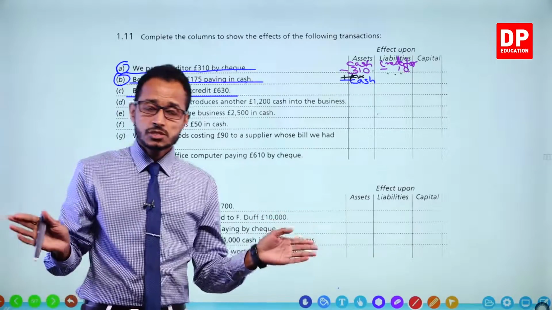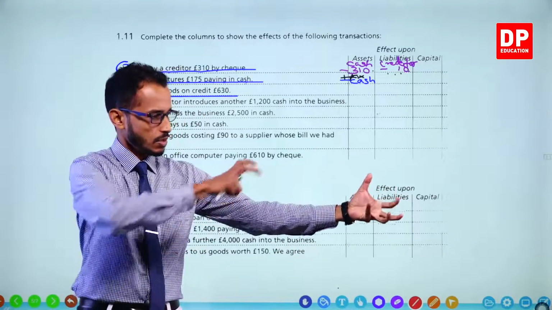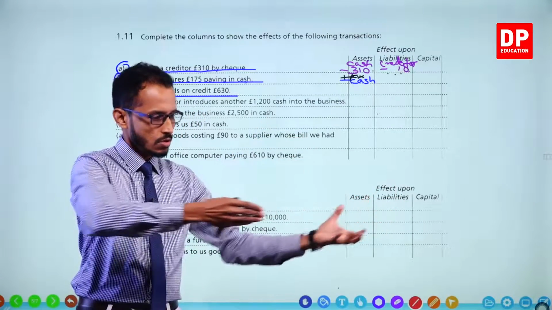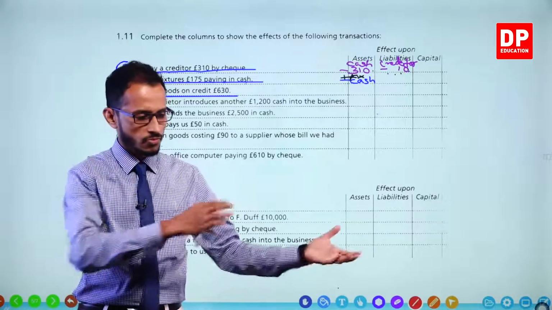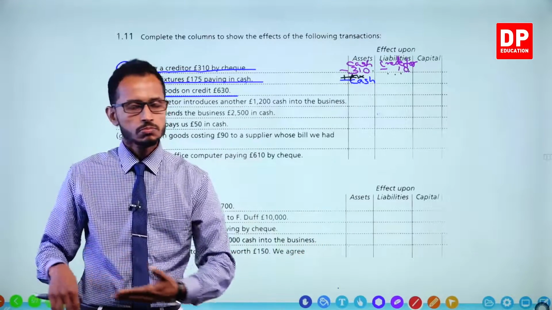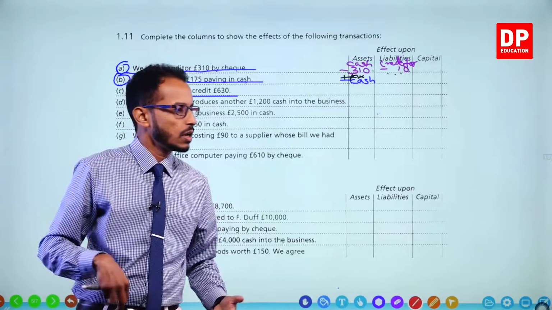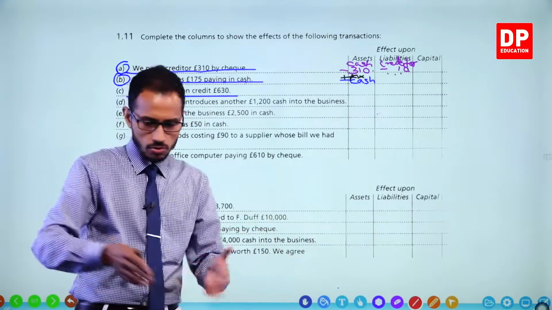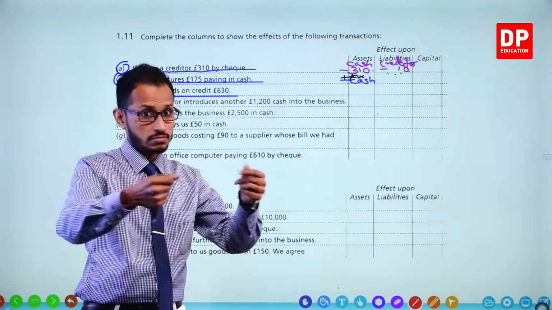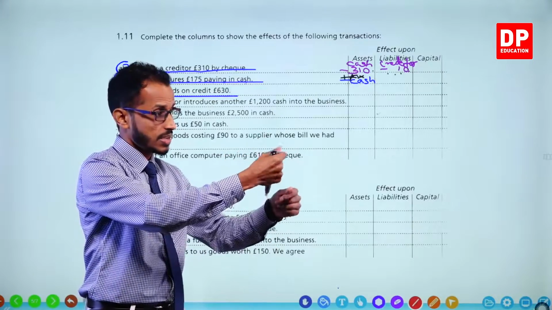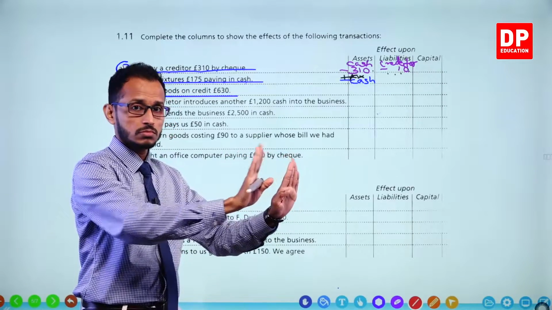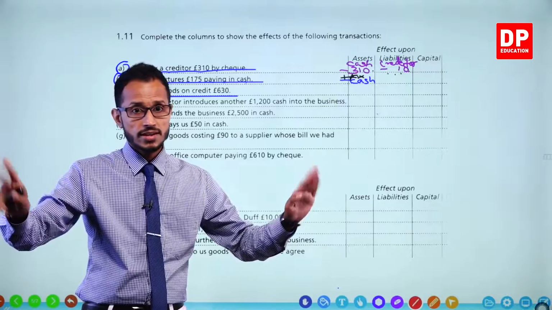Bought goods means we are buying goods for our shop, for our showroom, or for our boutique. We are buying goods, but we are not paying cash. No, not paid. On credit.